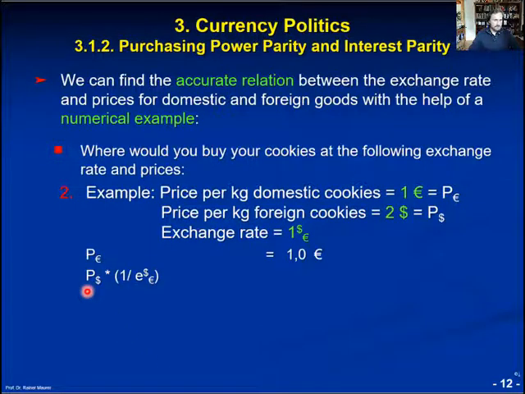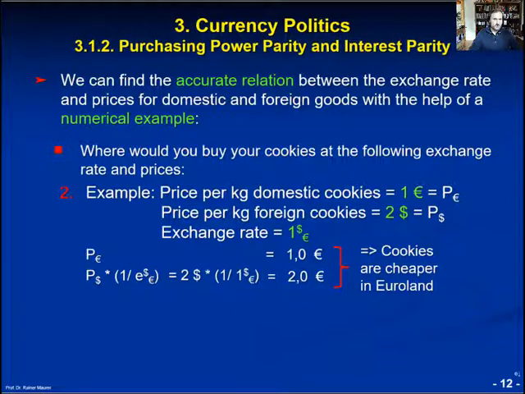If we divide the price of cookies in the dollar area expressed in dollar over the depreciated exchange rate, we receive now a euro price for cookies in the dollar area equal to €2 per kilogram of cookies. This means now, of course, that given this exchange rate, cookies are cheaper in the euro area.